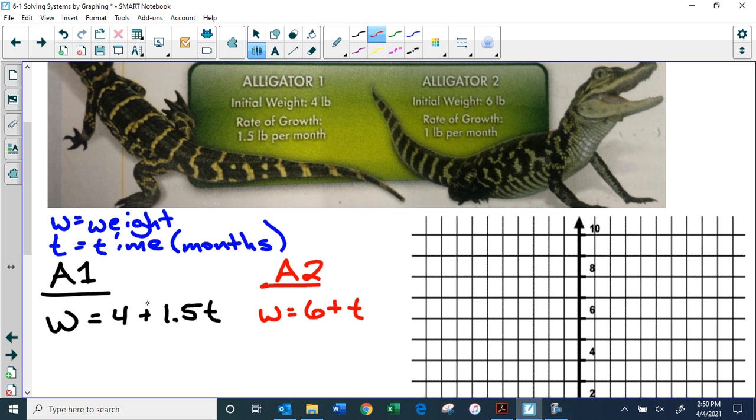All right, so this coefficient of T is the slope, and the 4 is the Y-intercept. So I'm going to write this 1.5T as an improper fraction, just because it's going to make it easier for me to graph this. So the weight is 4 plus 3 halves T. So let's go ahead and graph that.